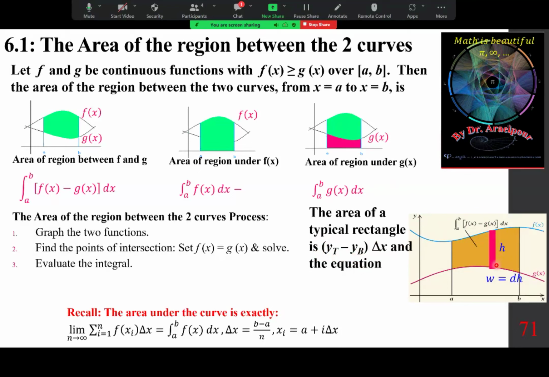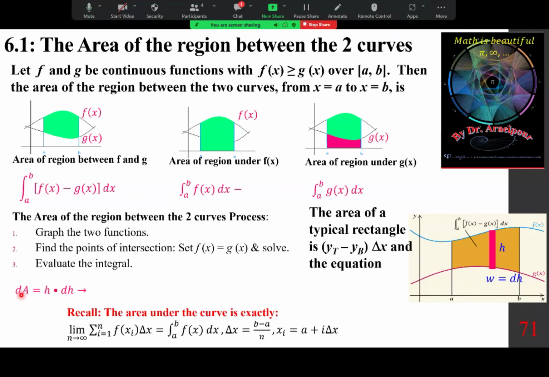Please understand, h, the height, is the y of this point minus the y of this point. The width is this much, which is an incremental width of dh, because we are sweeping it along the x-axis, we call it dx.